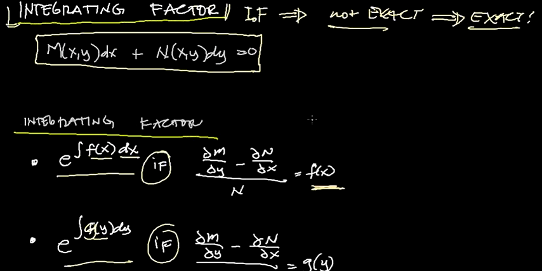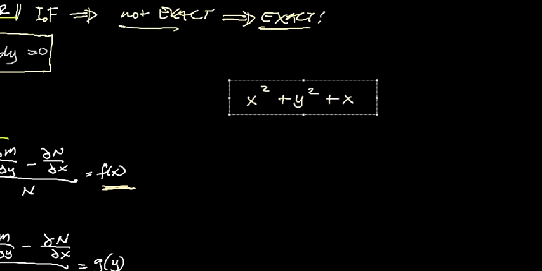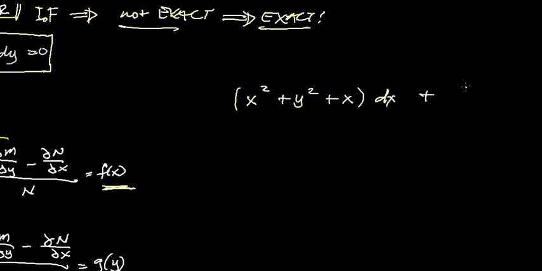Okay, for illustration, let's now have a simple example. Say we have this given DE: (x squared plus y squared plus x) dx plus xy dy is equal to 0.